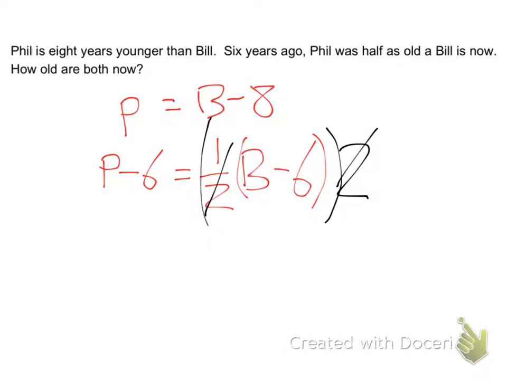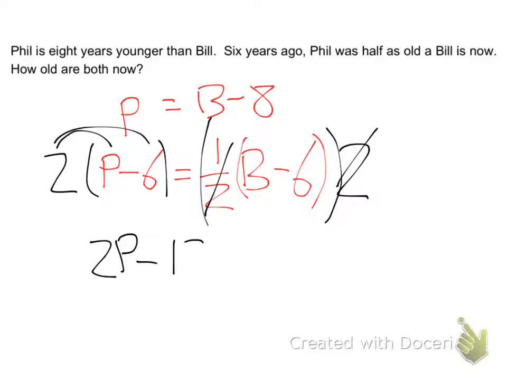Wouldn't these two cancel out? But what I do to one side, I have to do to the other. So it would introduce a 2 on the side of Phil, but it's easier for me to multiply a 2 in than a half. Yeah. Would you guys agree? So would this be 2p minus 12 is equal to Bill minus 6?